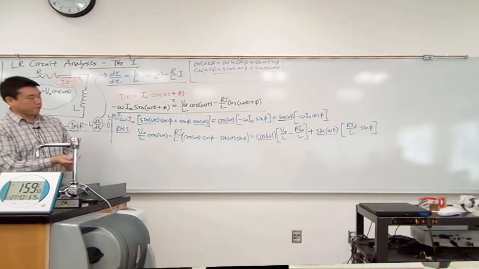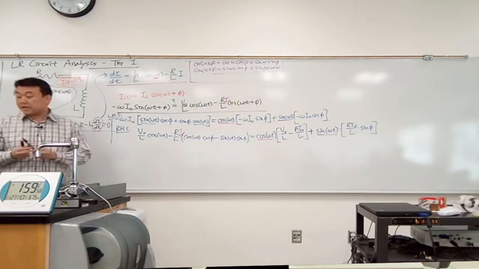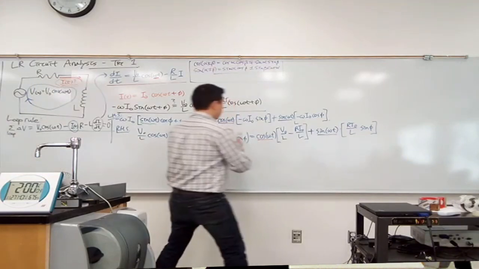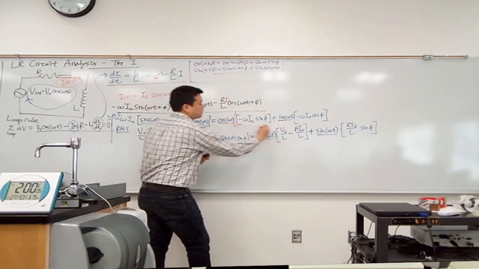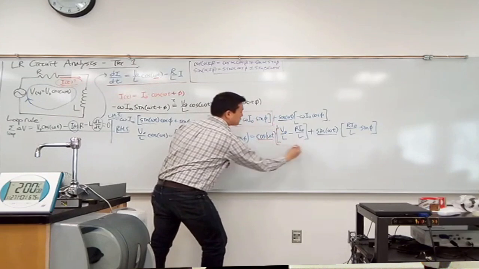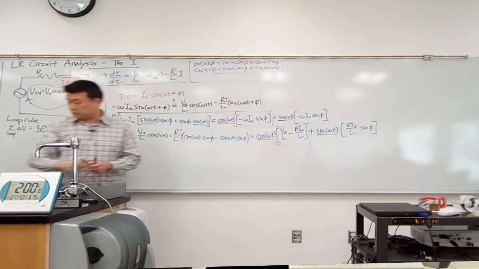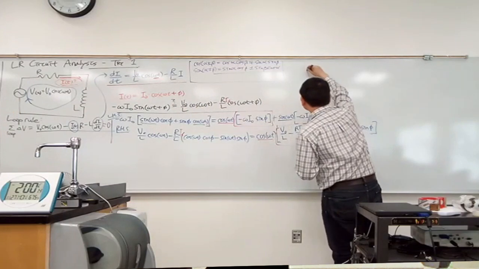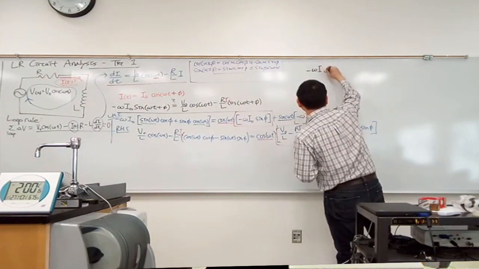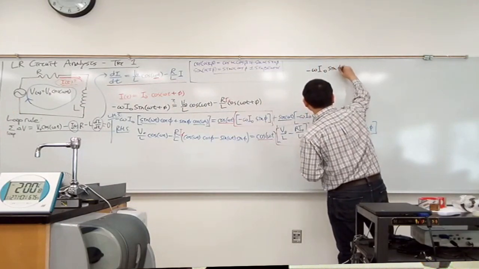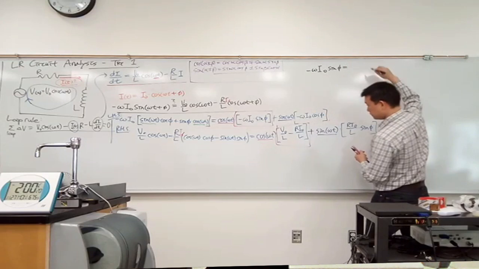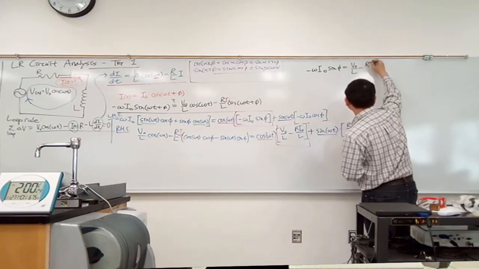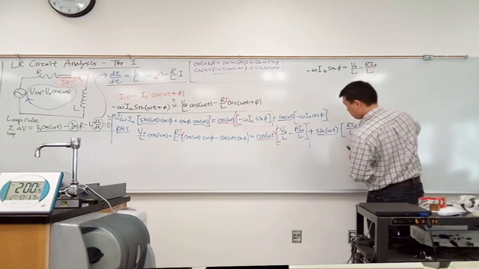So you can set up this system of algebraic equations. You can say this term here is equal to this boxed term here, which would give you this expression here. Minus omega I naught sine phi is equal to V naught over L minus R I naught over L.